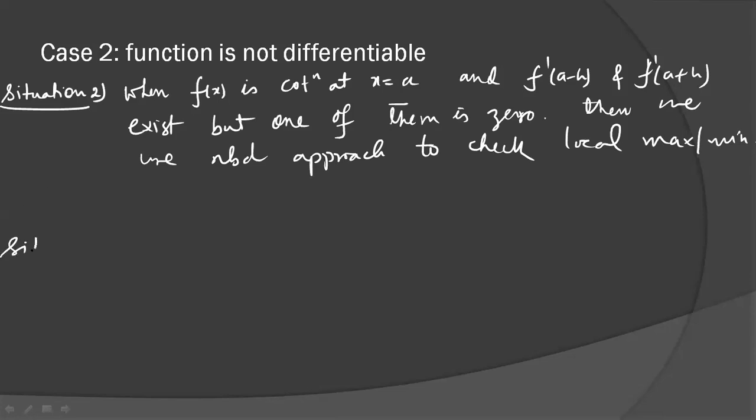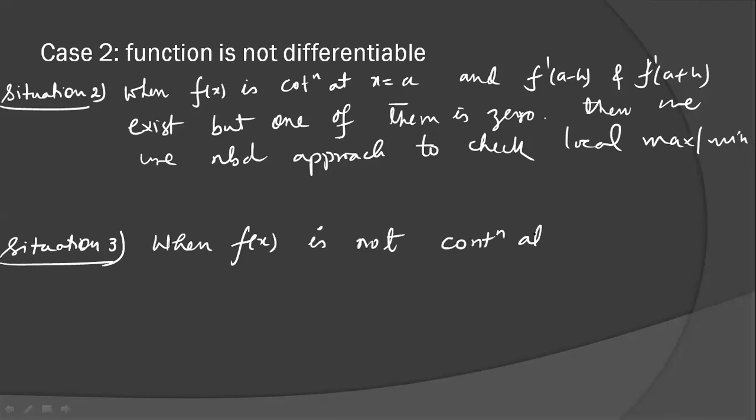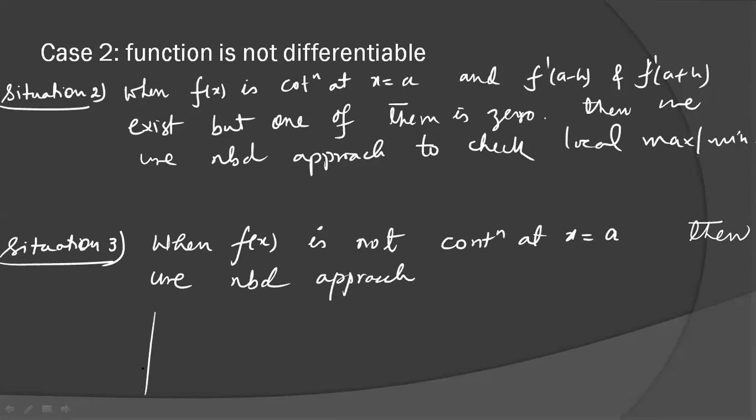In situation 3, when f(x) is not continuous at x equal to a, use the neighborhood approach. I have discussed this approach already. How?